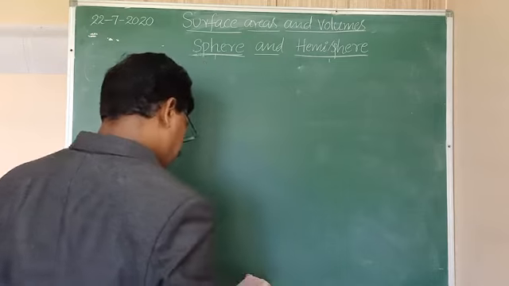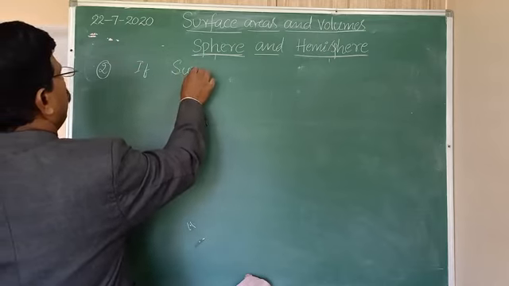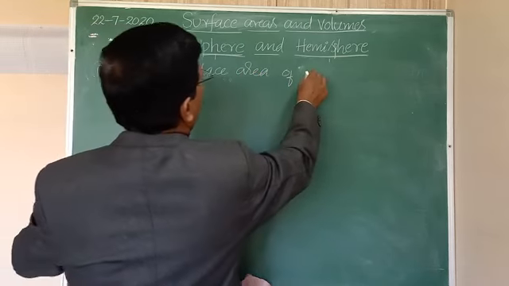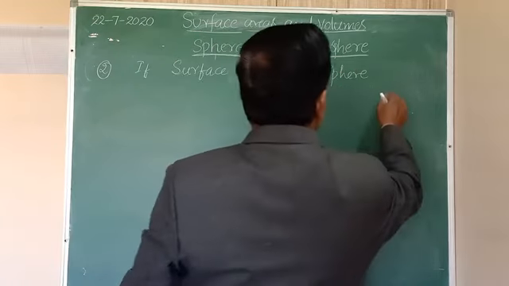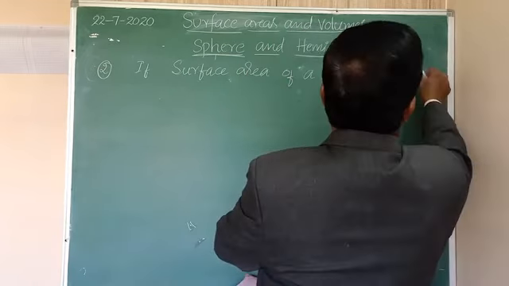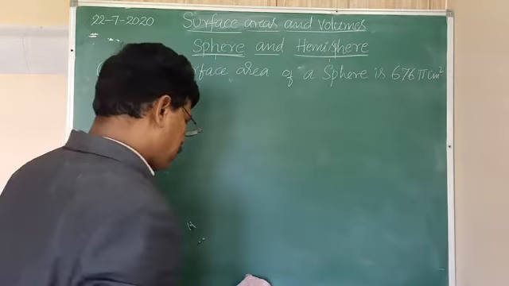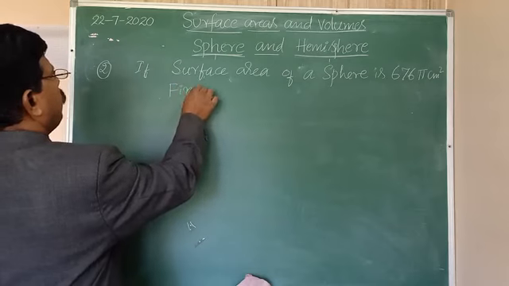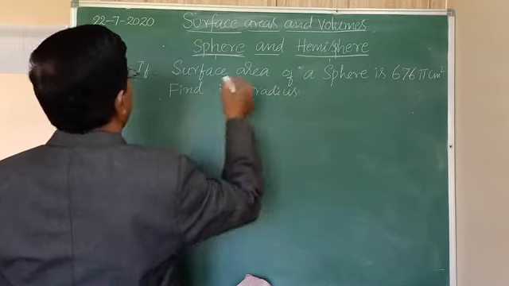If the surface area of a sphere is 676 pi square centimeter, find its radius.